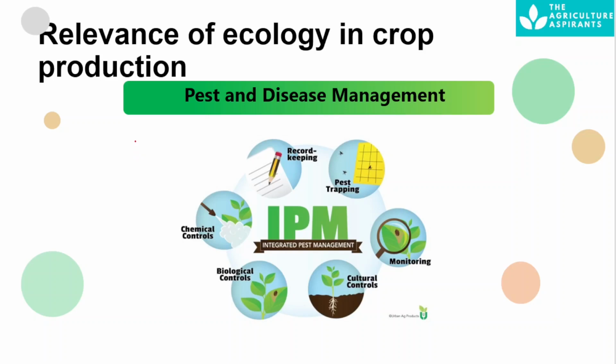So this is the importance of ecology: we understand any species and its relation with the environment. Pest and disease are very important factors which reduce crop yield, so ecology helps in pest and disease management.